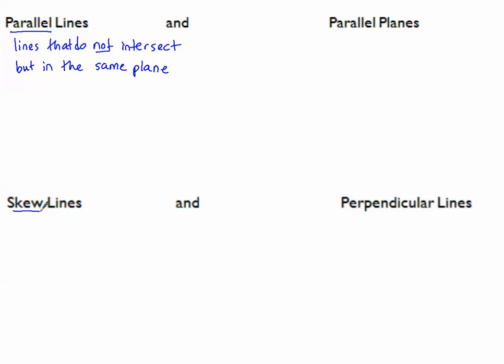Skew lines also are lines that do not intersect, but they are in different planes. That's hard to imagine when you're looking at a two-dimensional paper. So we're going to look at a three-dimensional drawing on two-dimensional paper for you to understand that. So both of these types of lines do not intersect.